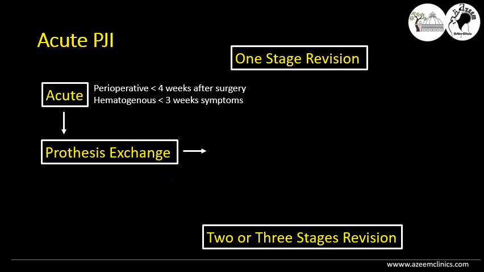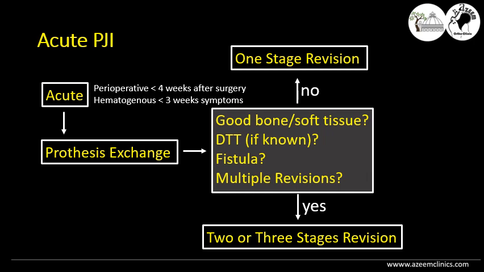Prosthesis exchange, you can do it either in a single stage, or in 2 or 3 stages. This again depends on 4 factors. If you have a good bone healthy status, go for 1 stage. If you don't have a difficult to treat pathogen, go to 1 stage.